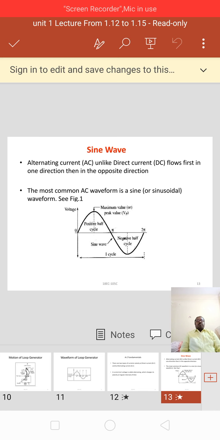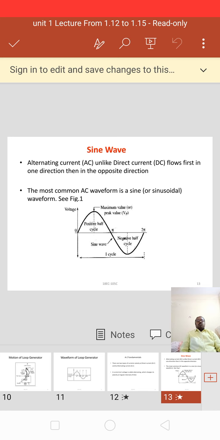From that positive peak, it directly goes to the negative peak, that is, it changes from 180 degrees to 270 degrees. Abruptly, it varies from 270 degrees to 360 degrees. Okay, it is considered to be the negative peak.